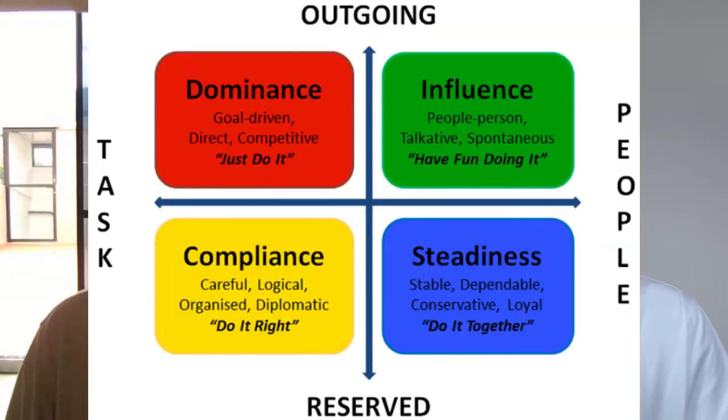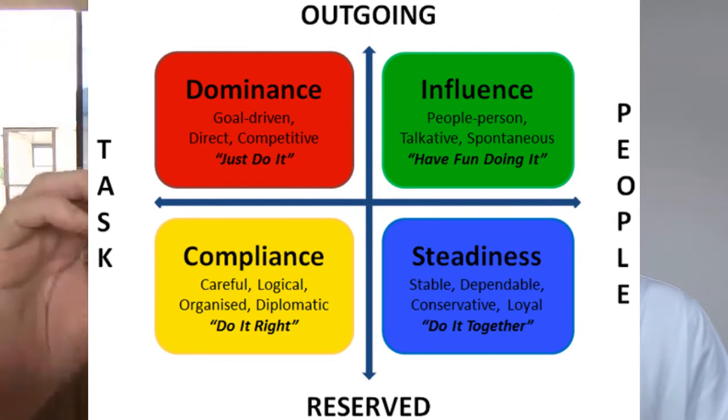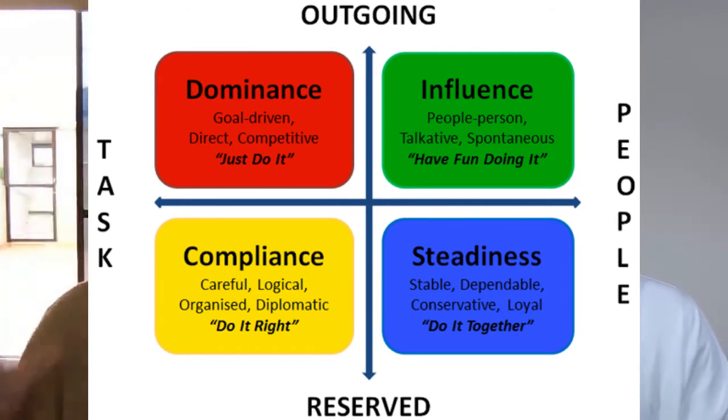But I think that's one of the things we really need to think about: understand where you are on the dominant scale, because it's not 0 to 100. It's not that you're only compliant and not influence. Like you said, we are on all of these things. Where are you on the influence scale? Where are you on the compliance scale? Where are you on the steadiness scale? And know that these things are all in flux.